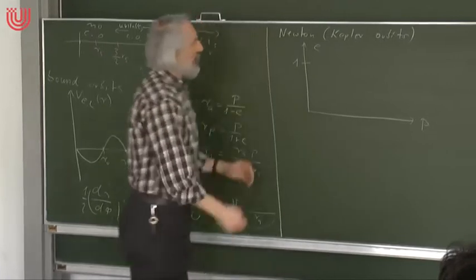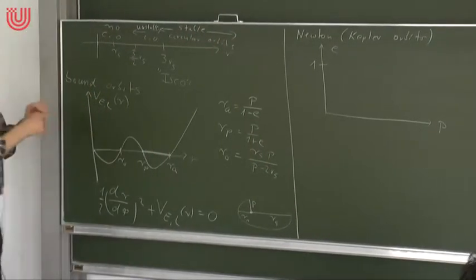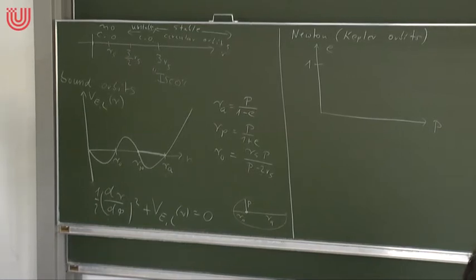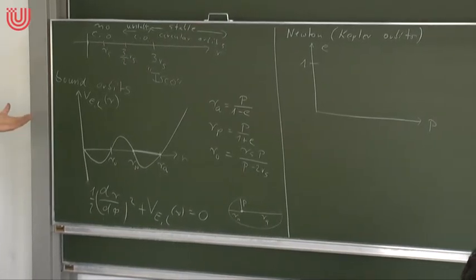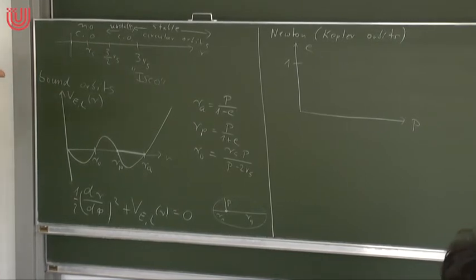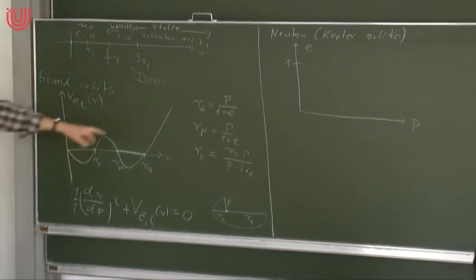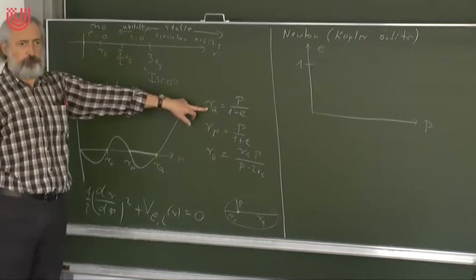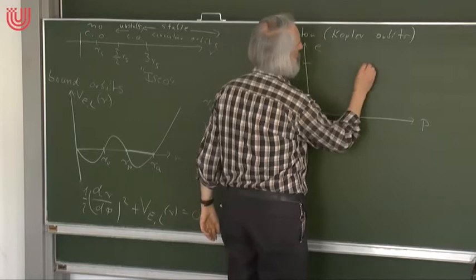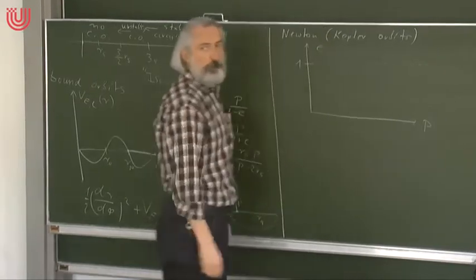In the case of the Kepler potential, the bound orbits are ellipses, and e is the eccentricity in the usual way. If e becomes 1, then the ellipse becomes more and more stretched, and you see Ra goes to infinity. So this corresponds to the limit where the ellipse becomes a parabola.